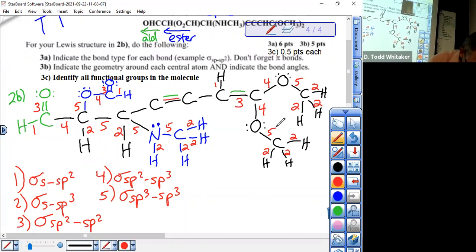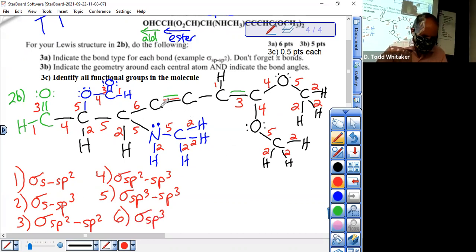6. Just keep moving left to right till you got all the bonds labeled. 6. Sigma again, sp3 on the left and a carbon on the right that's got 2 sigmas and no lone pairs, sp. And I think that's the only one like that.